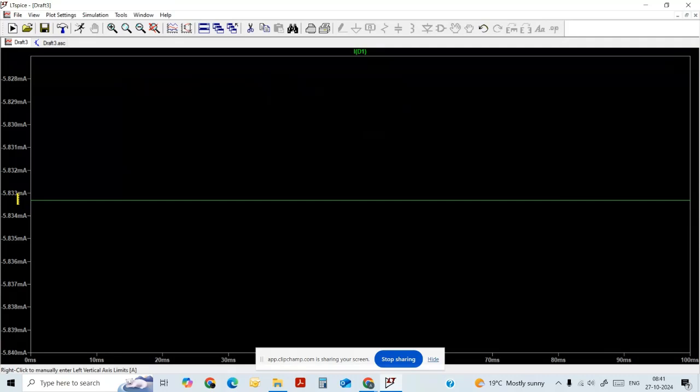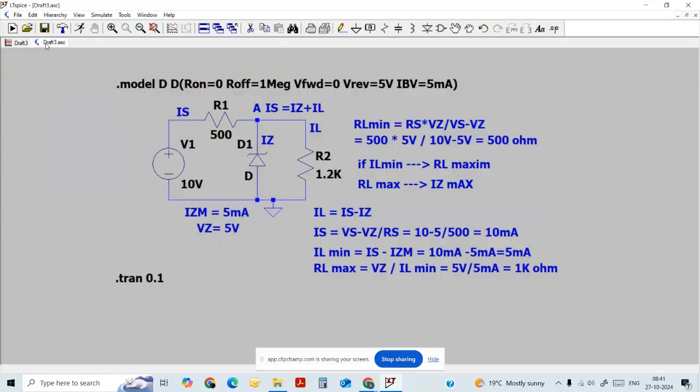If the current is more than that, the diode will get damaged. So from this we can conclude that the load resistance we have to consider is from 500 ohm to 1 kilo ohm. If it is more or less than that, we are not getting proper regulation from the Zener diode.